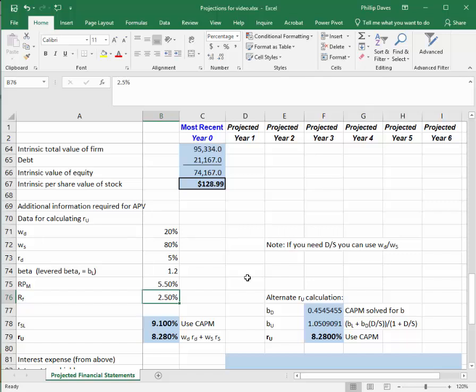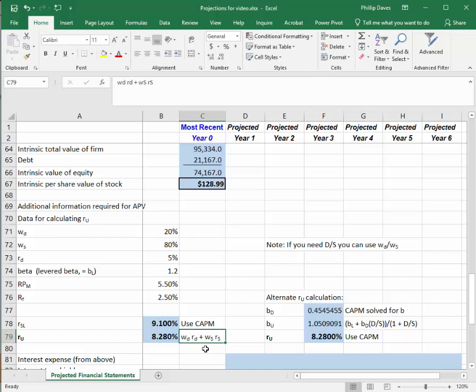And so what we can do with this information is calculate the unlevered cost of equity, and there are two different ways. I'll show you both of these calculations, but let's look at the easy one first. The easy one is simply to take the weight on debt, multiply it by the required return on debt, take the weight on stock, multiply it by the required return on the stock.